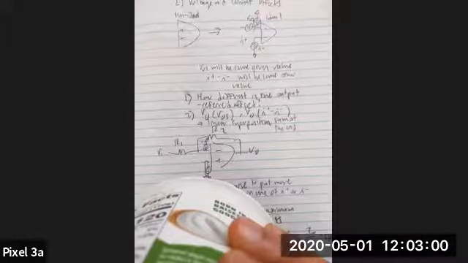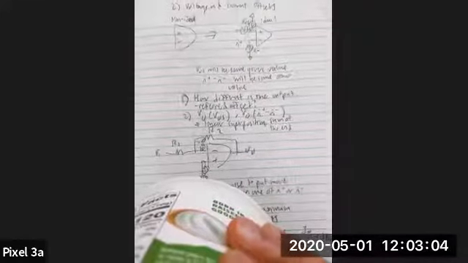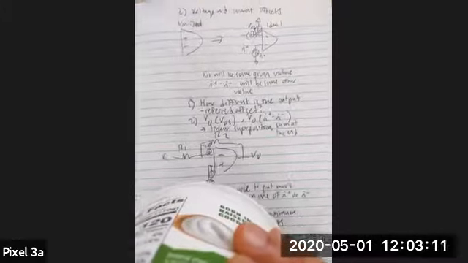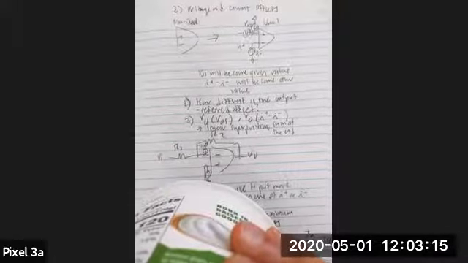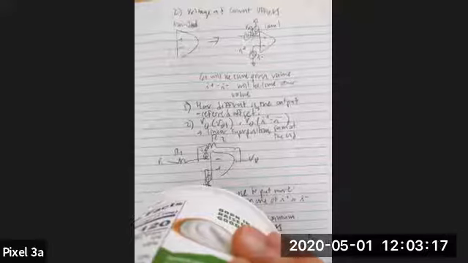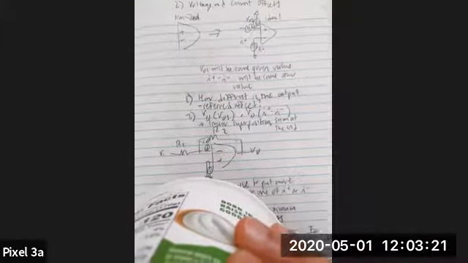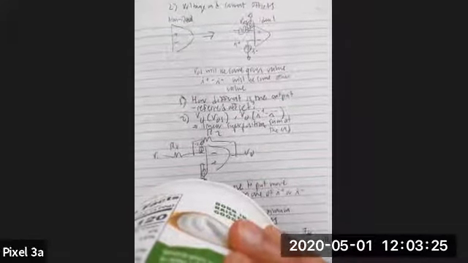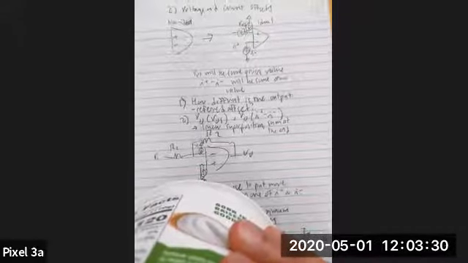And so that won't be the same as the current offset, just because the current offset arises from the mismatching of the devices, whereas the current bias is necessary for it to work. So in our models, the current offsets will arise even in our small signal models for the amplifier, whereas the current bias is not something that shows up in the small signal model. It's just a DC thing. Hopefully that makes sense.